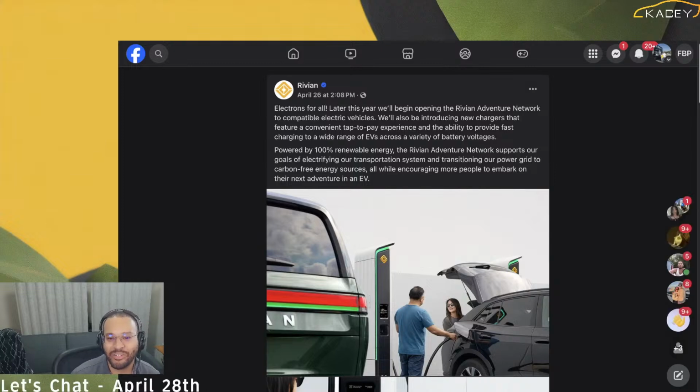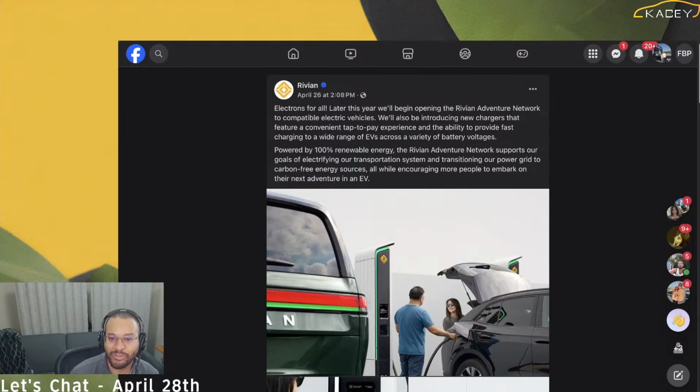Electrons for All. Later this year, we'll begin opening the Rivian Adventure Network to compatible electric vehicles. I'm going to stop here for a second and point out that the Adventure Network is no longer closed, just like the Supercharger Network is no longer closed. The Adventure Network initially was going to be Rivian only, and that has been remedied.